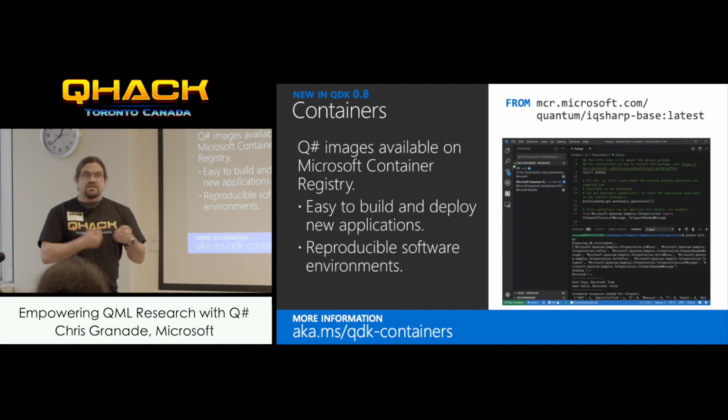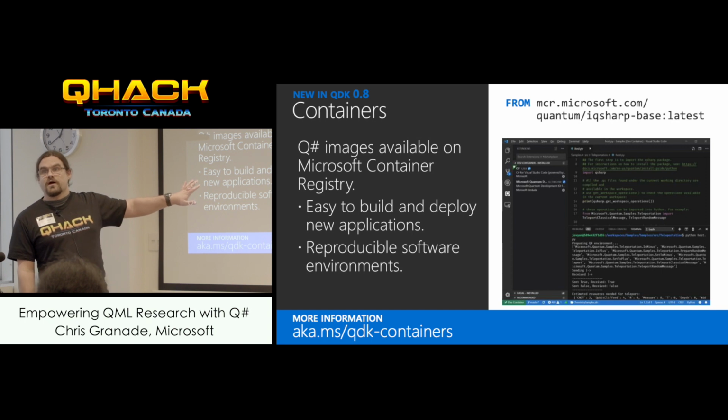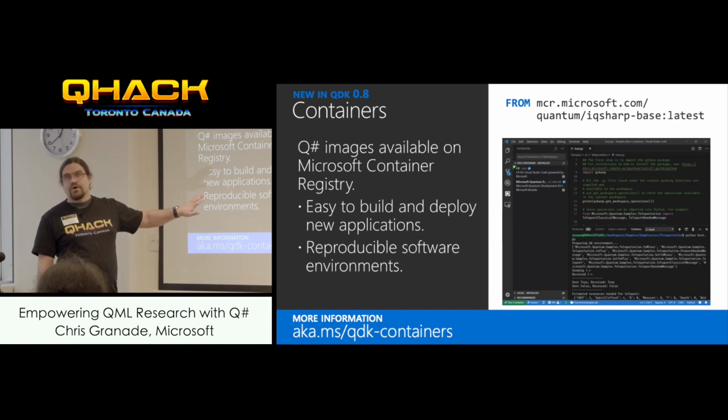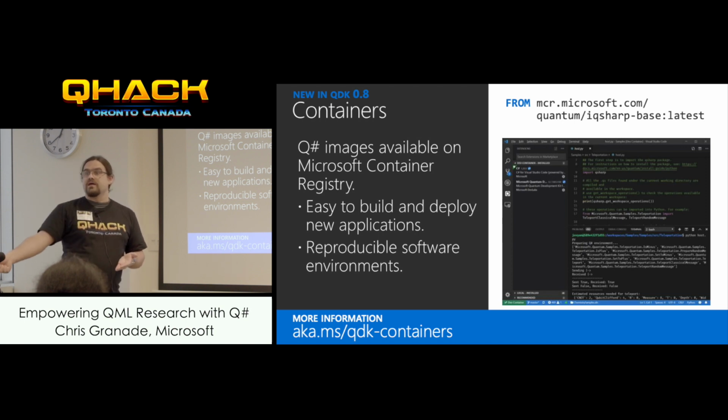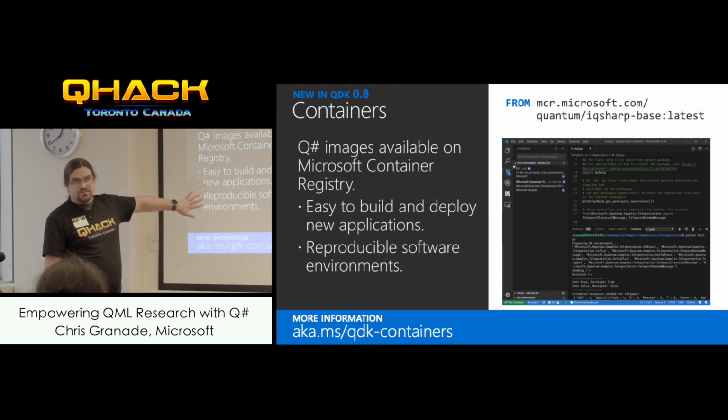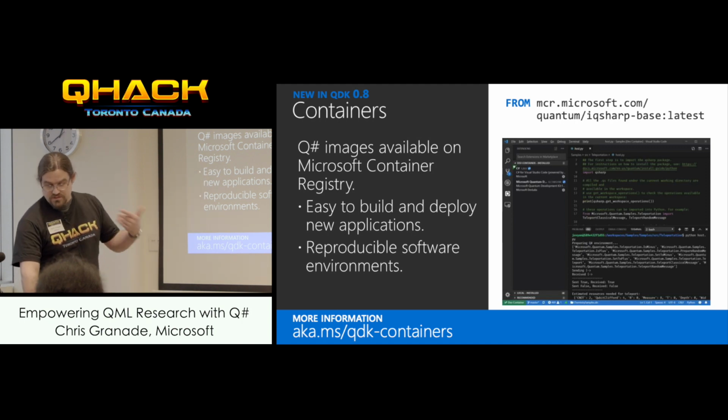So if you are writing an application that uses Docker, it's pretty easy to compose that with the Quantum Development Kit to build up new applications that way. That's also really useful in a research environment, and can give you a great way to reproduce your software environment, so that when you send a collaborator or a reader of your paper what software you were using, you can send them a Docker container using the Quantum Development Kit containers.